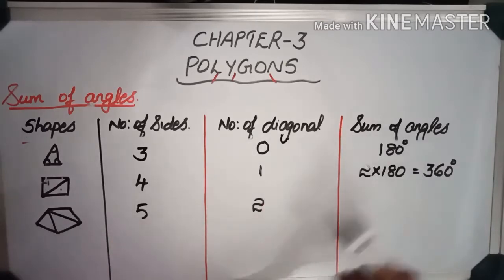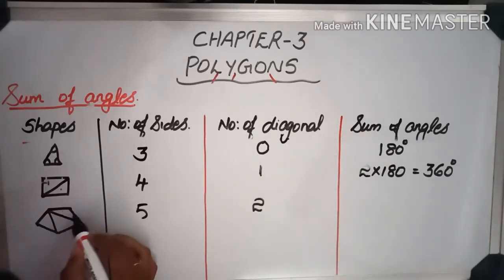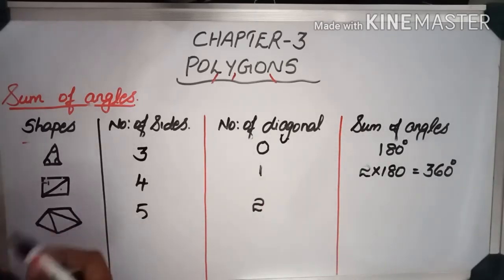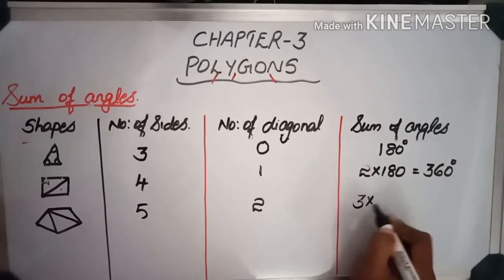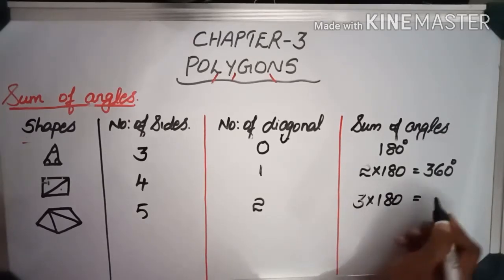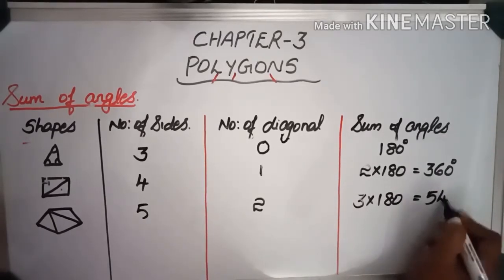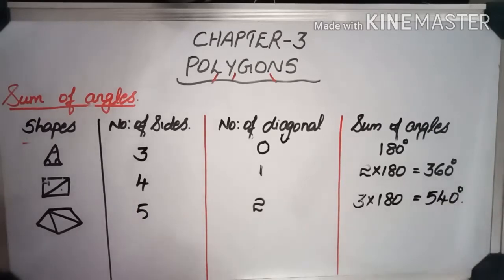Then what will be the sum of angles? The sum of all 5 angles will be what? Total 3 triangles, so 3 into 180, that is 540 degrees. 540 degrees is the sum of the angles of this 5-sided figure.